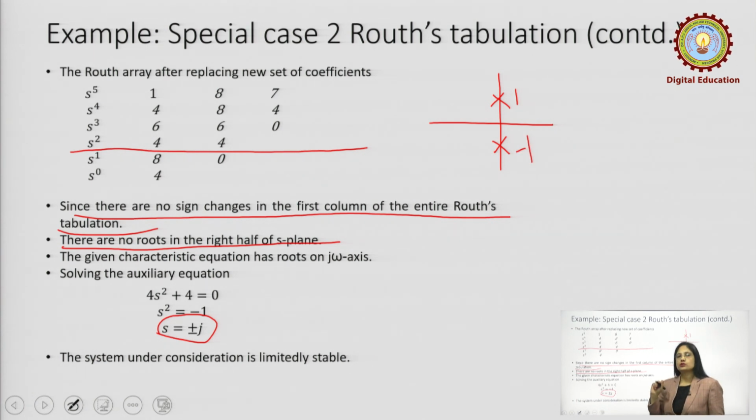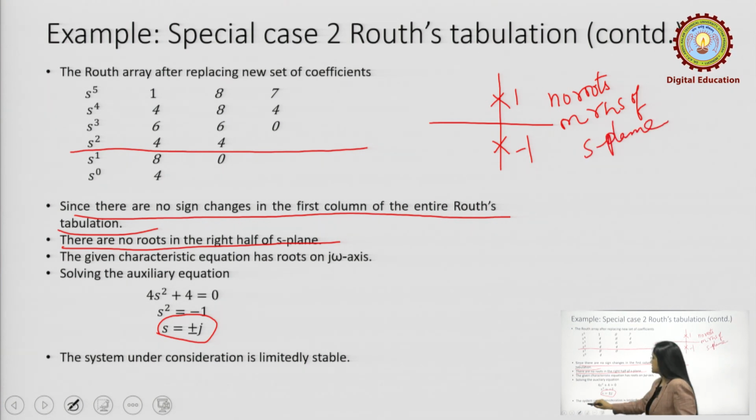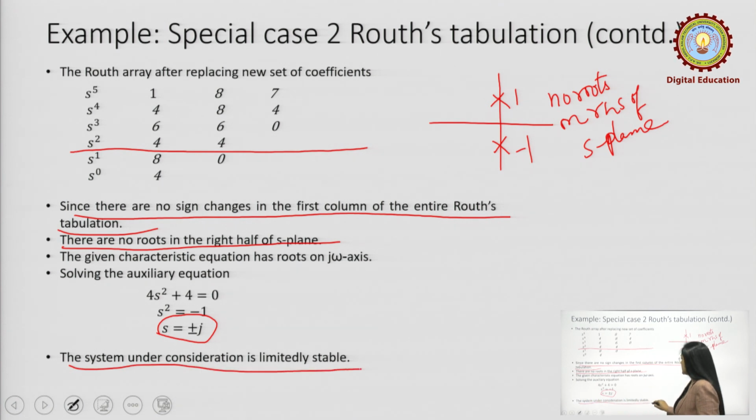So, these two roots are lying on the j omega axis and there are no roots on the right half of the S plane. So, the system under consideration is limitedly stable, that is marginally stable, because roots are lying on the j omega axis.